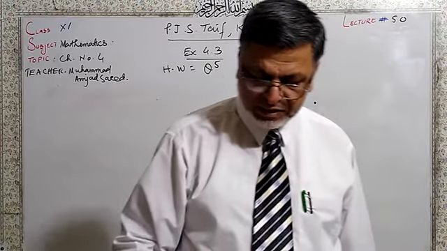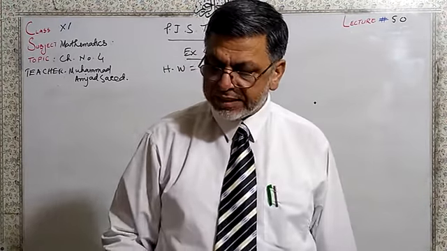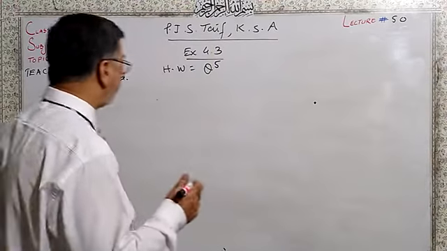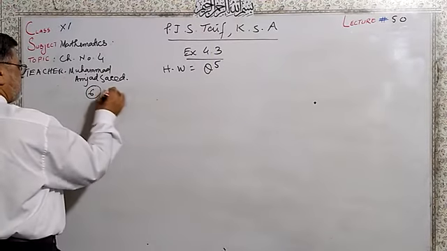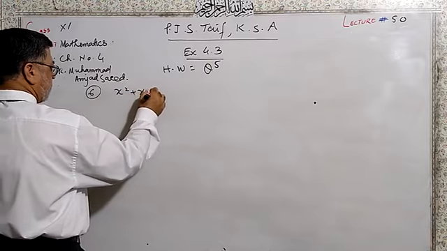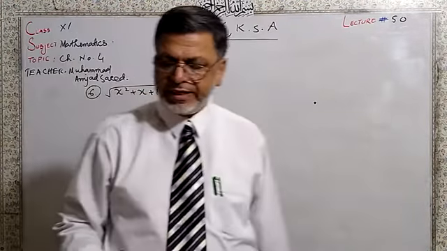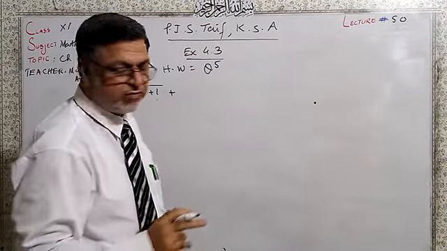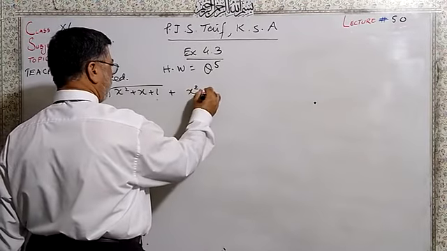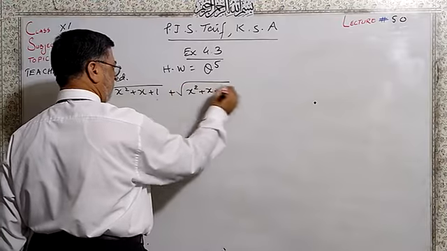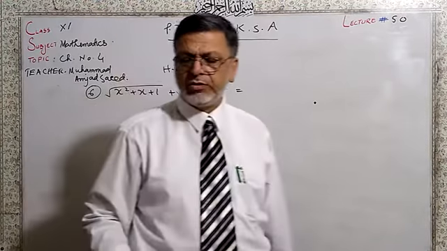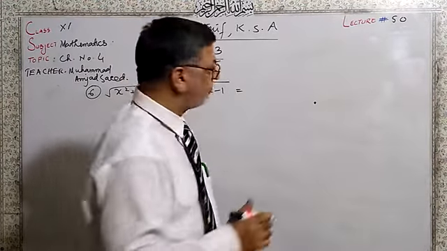After that, we have question number 6. Square root of x square plus x plus 1, plus square root of x square plus x minus 1, that is equal to 1.